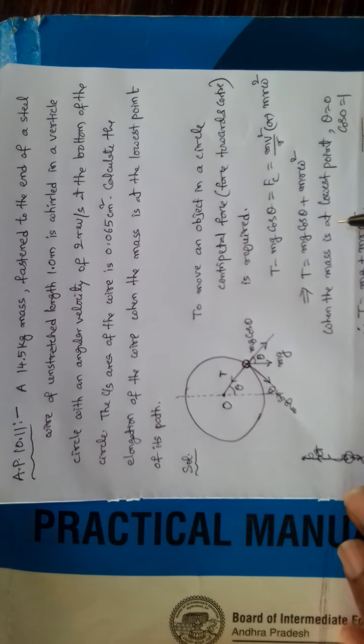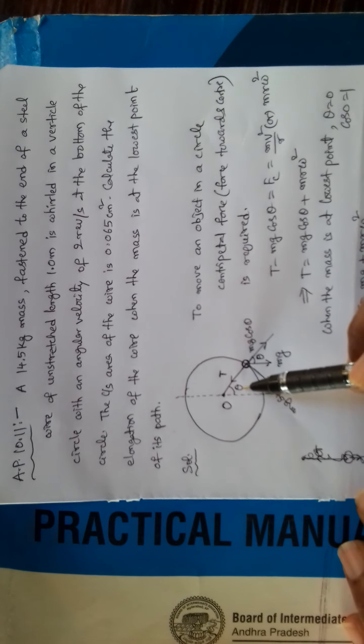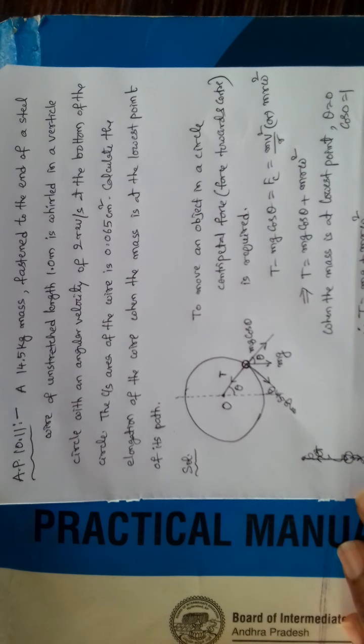So when the mass is at the lowest point, theta becomes 0. Substituting 0, cos 0 becomes 1. So T is equal to mg plus mr omega square. That is the tension in the steel wire. And the tension in the steel wire is nothing but the restoring force, because gravitational force is working vertically downward and in the opposite direction will be the restoring force.